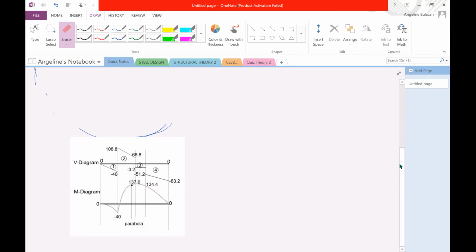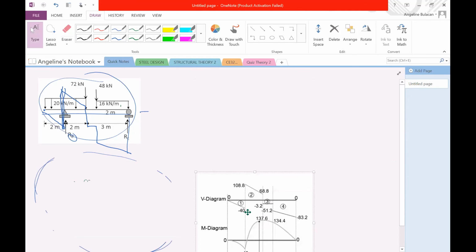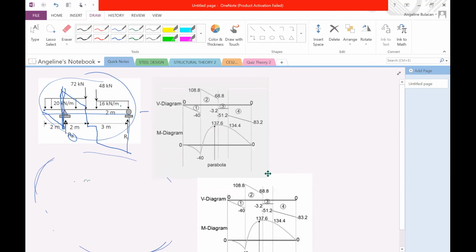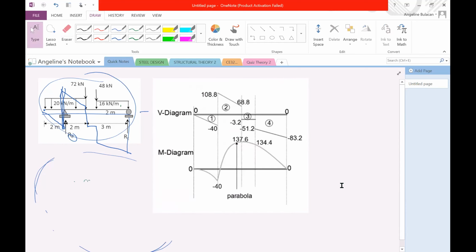Yan. So ito yung mga lines dito, no? Same to nung na-solve ko kanina.